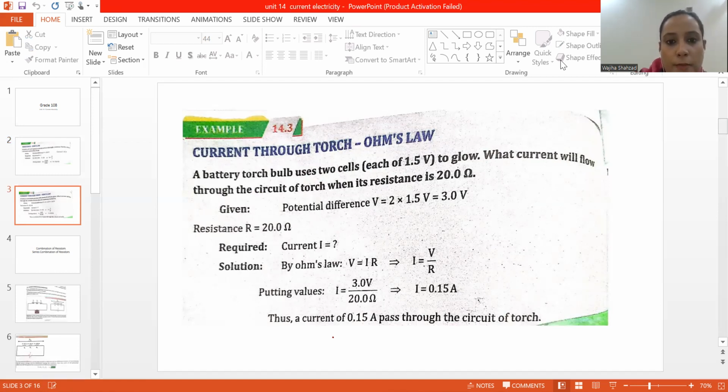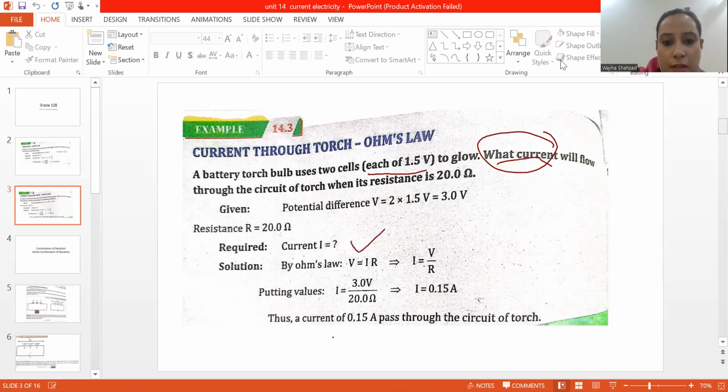A battery torch bulb uses two cells, each of 1.5 volt, to glow, right? So we are using two cells over here, and they have a potential difference, or we can say a voltage, of 1.5 volt each. What current will flow through the circuit? So it means we have to find out the value of current.